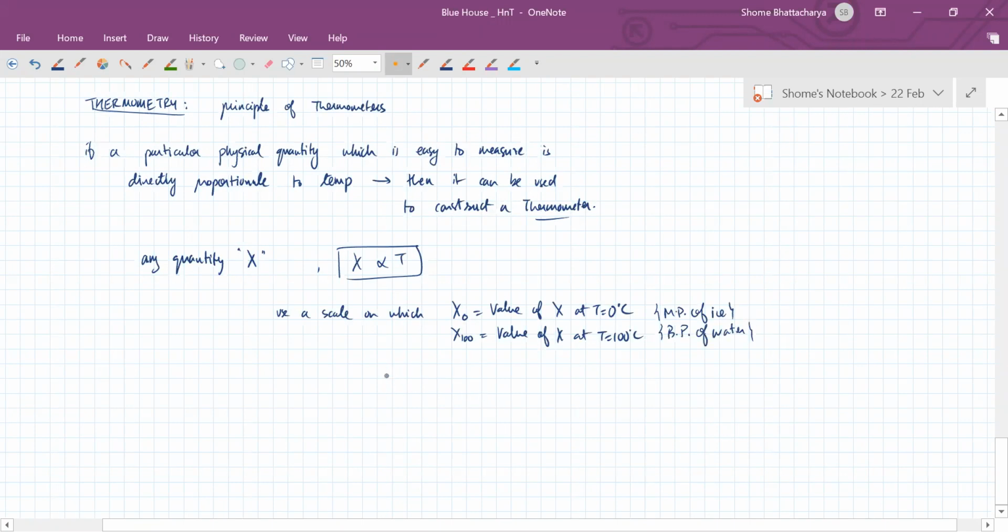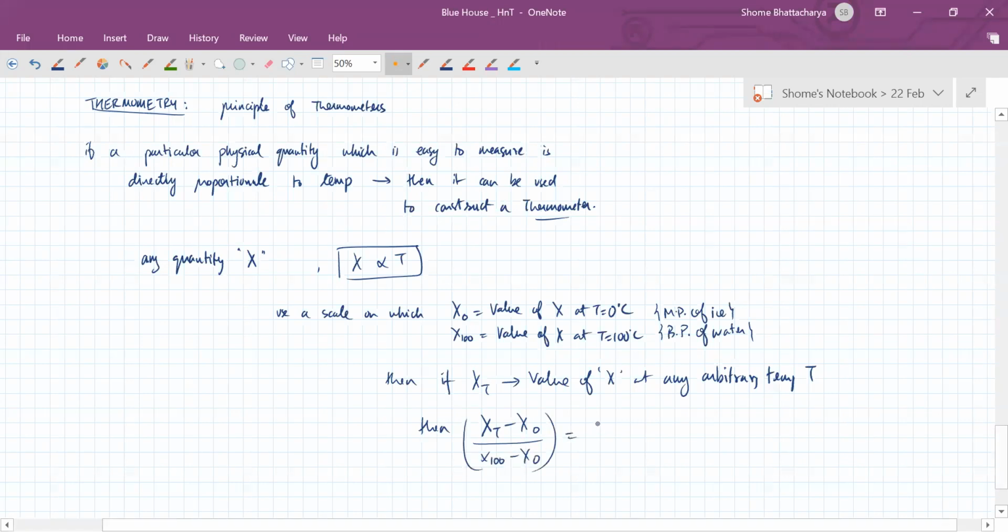So then if xt is the value of x at any arbitrary temperature t, then, so this is called the principle of calorimetry, principle of thermometry, and it's nothing but the unitary method.